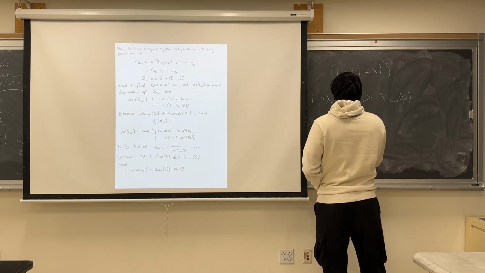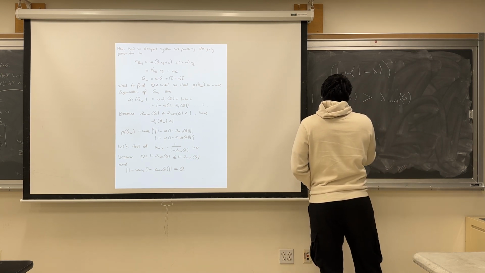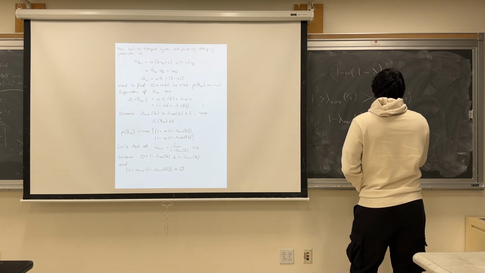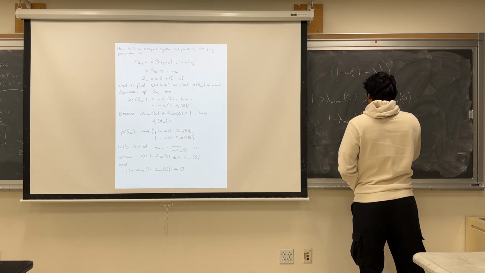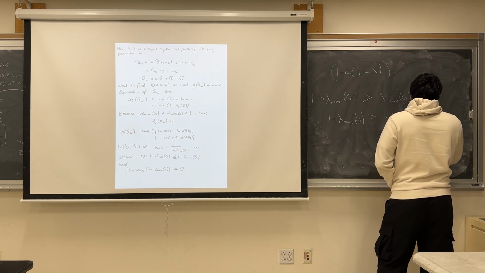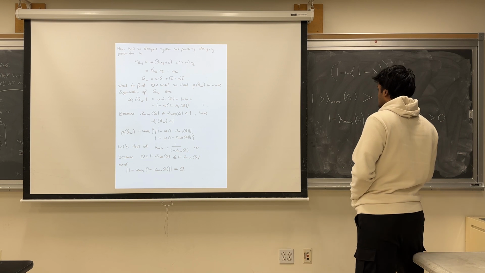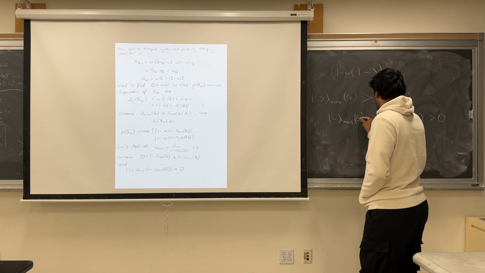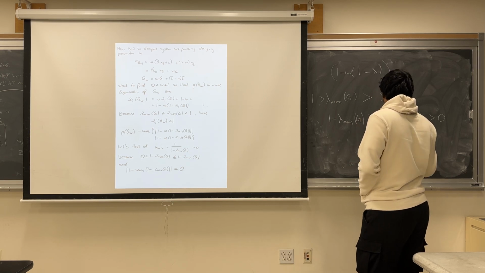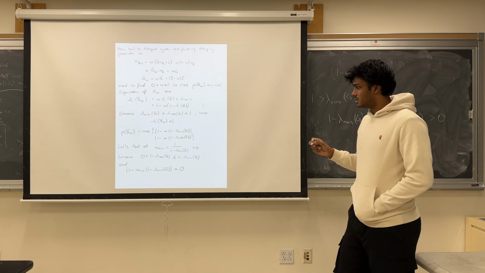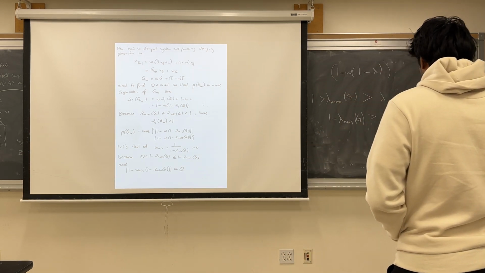This is something that I'm comfortable with. 1 minus lambda min of G is greater than 1 minus lambda max of G, which is always greater than 0. That's something that I'm comfortable with, right? 1 minus lambda min is greater than 1 minus lambda max is greater than 0. Okay?